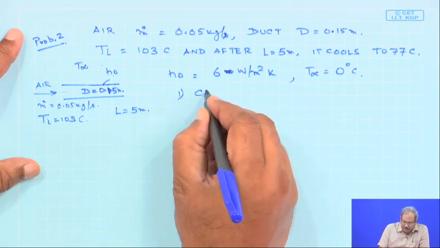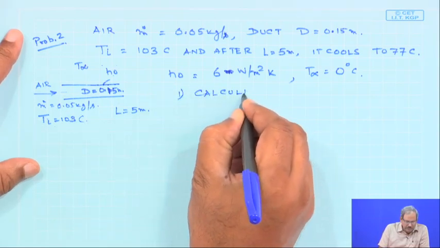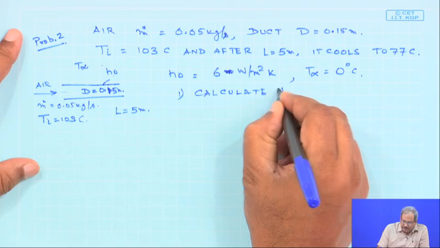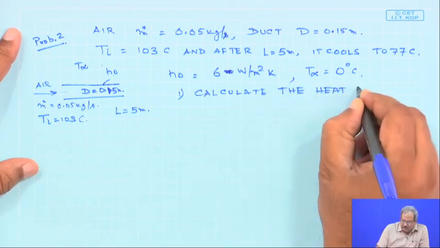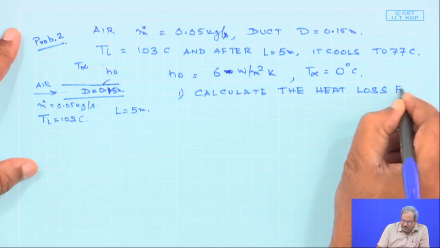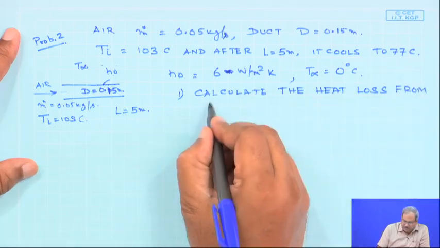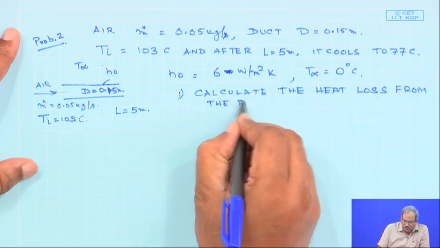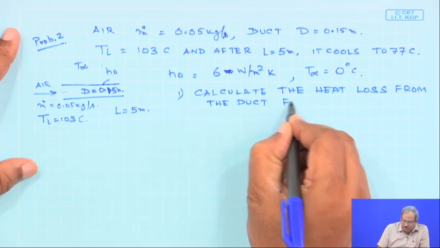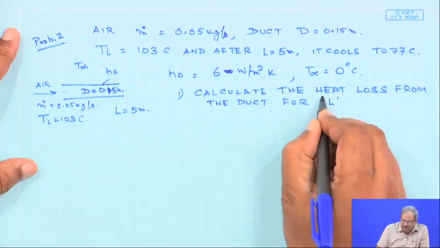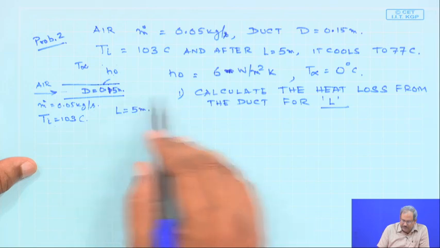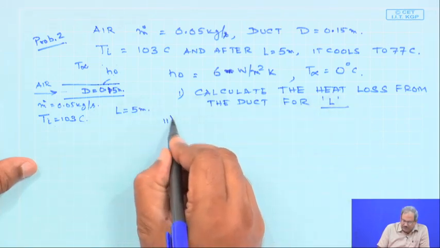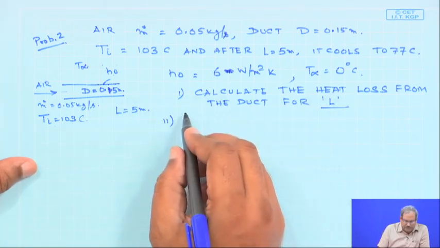The first part is to calculate the heat loss from the duct for the overall length L. So, for the entire length of the duct, how much is the heat loss from the duct to the outside?